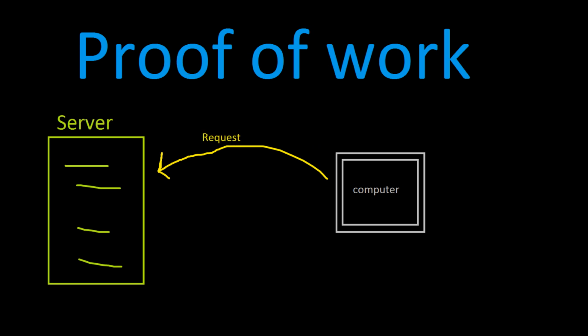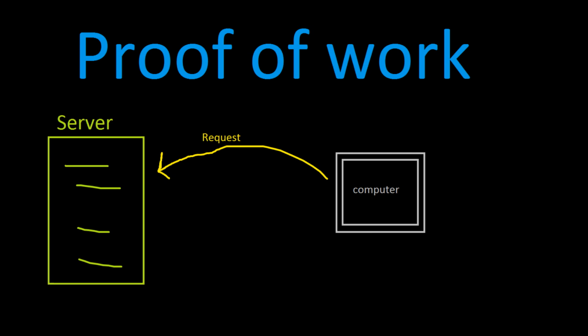Brute forcing, or trying over and over again to break something, becomes very, very costly. And if you don't know what a DDoS attack is, it stands for distributed denial of service, and these attacks are carried out by overloading a network with simultaneous requests. A request is like when you request something from a web server when you visit a web page.